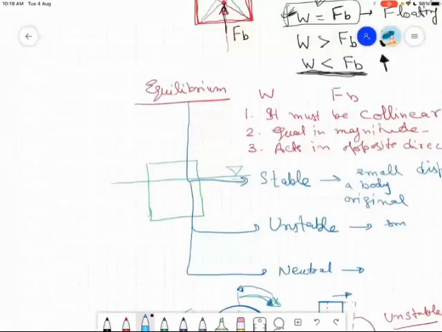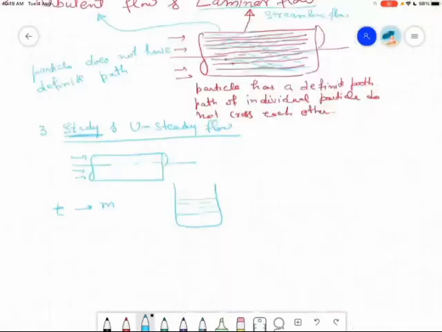So now for steady flow, you can say a flow in which the quantity of liquid flowing per second is constant.